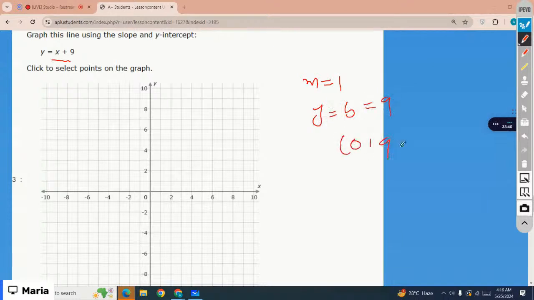That means 0 and 9. Slope is 1. You need to move right 1 and up 1. You are here. Just join these 2 points and make a line. So that is the solution of the example.